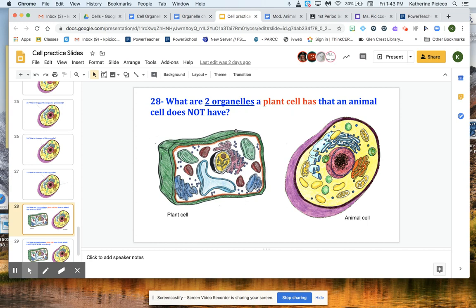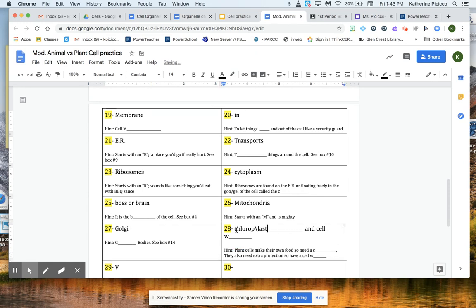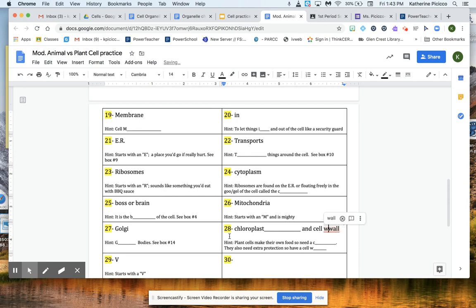But then there's also this green barrier around the plant cell. And if you notice, this outer layer does not exist anywhere in the animal cell. So the answer to that is chloroplast. Okay, that's the thing that kind of looks like it has stacks on it, right? And then cell wall. Okay, those are two things the plant cell has that the animal does not.